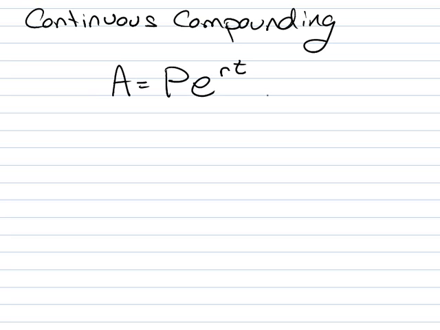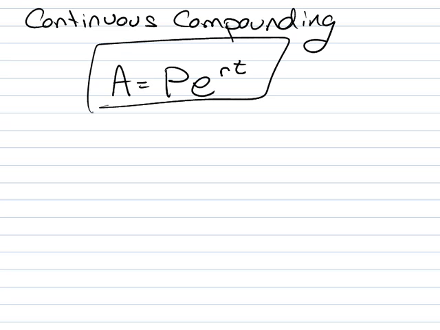So there's no number n for compound interest because it's not n times a year, it's basically an infinite number of times because it's every second, every fraction of a second, every day. So you're going to use the E button, but this is the formula for how much you would owe using continuous compounding, and that's just about as bad as you can get.